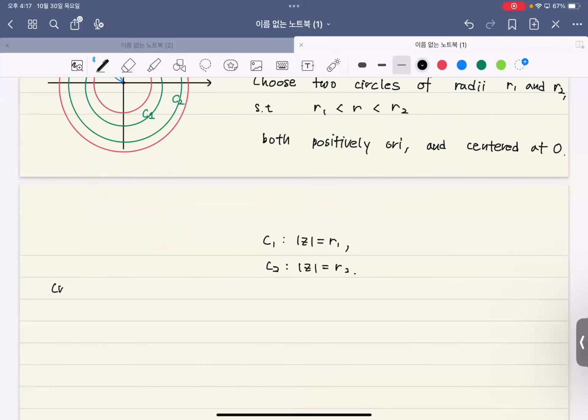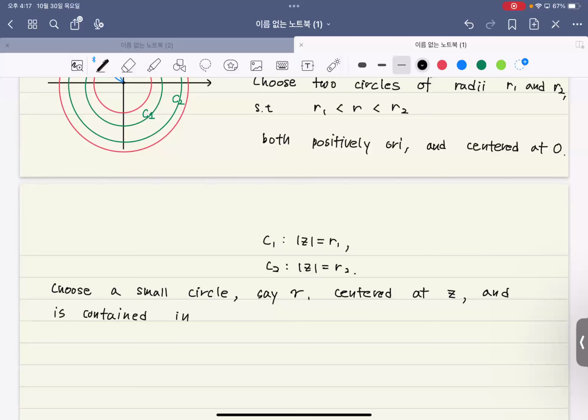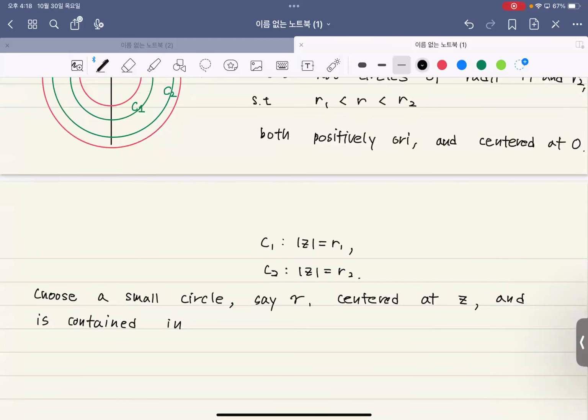So choose a small circle, which I will call gamma, centered at the point z, and this last circle is contained in a closed annulus.